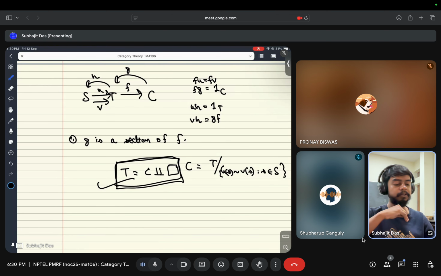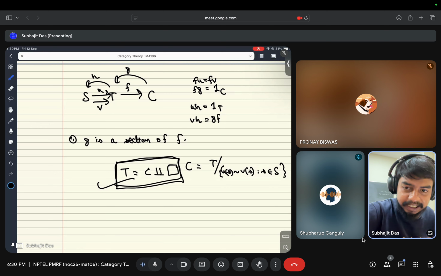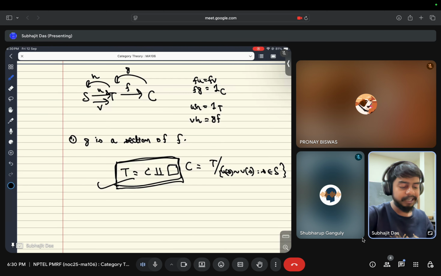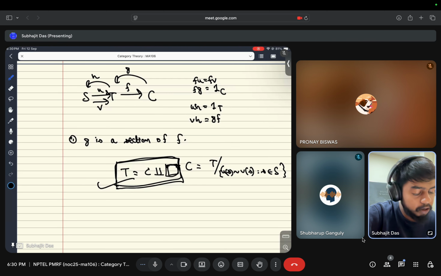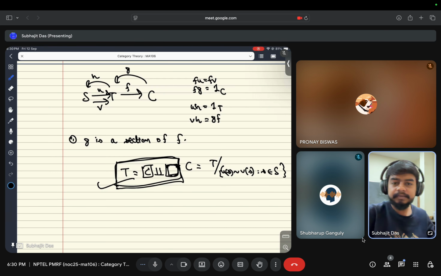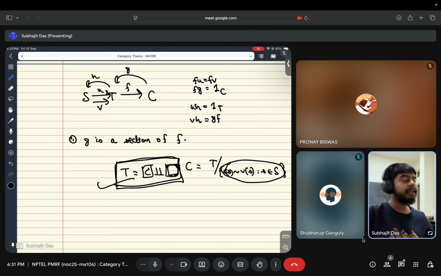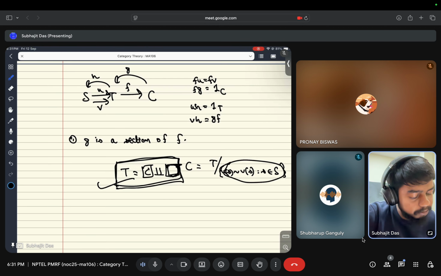I'm not really sure about this now, but what we can certainly say is that whatever this equivalence relation is, whenever you factor or take a quotient of T by this equivalence relation, you should get back C. So the kernel of this equivalence relation should be this.